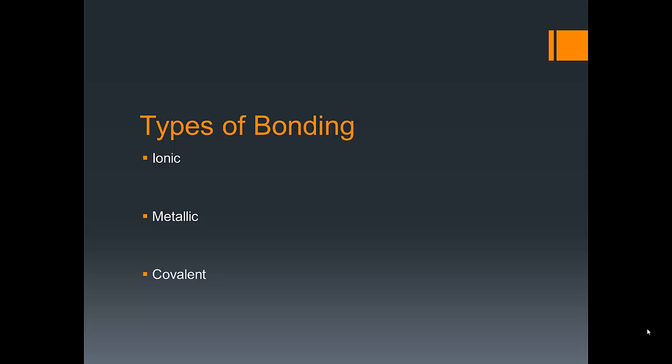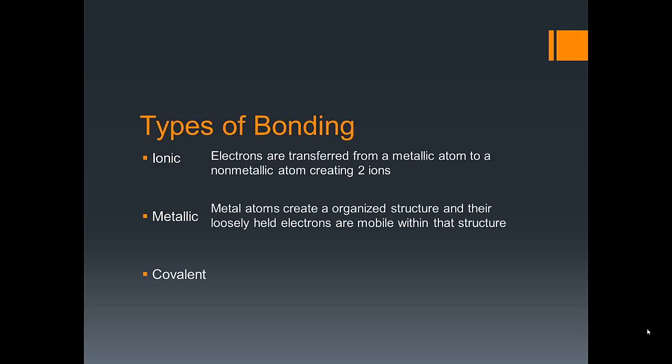There are 3 main types of bonding: ionic, metallic, and covalent. Ionic bonding is when the electrons are transferred from generally a metallic atom to a non-metallic atom, which creates 2 ions, a positive one, a cation, and then a negative one, the anion. Metallic bonding is when metal atoms create an organized structure, and then their loosely held electrons are mobile within that structure.